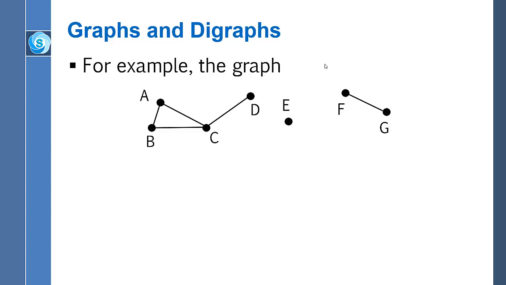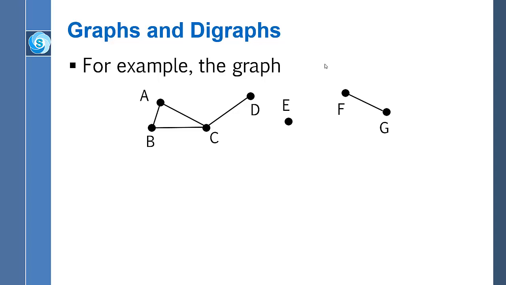Okay, so say you start with this graph that we looked at previously. It has a cycle. A, B, and C, the induced subgraph using vertices A, B, and C, consists of the vertices A, B, C, and the edges between them. That is a cycle, right? That's a cycle.